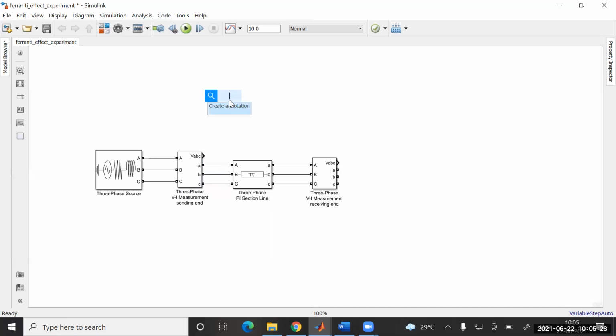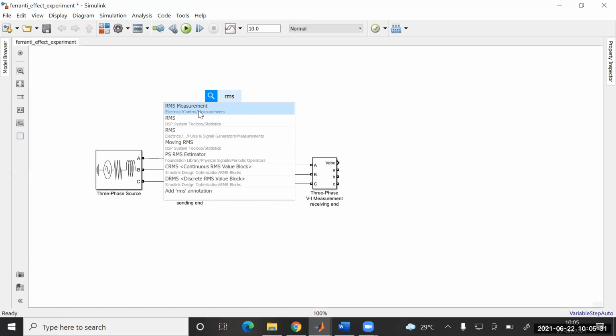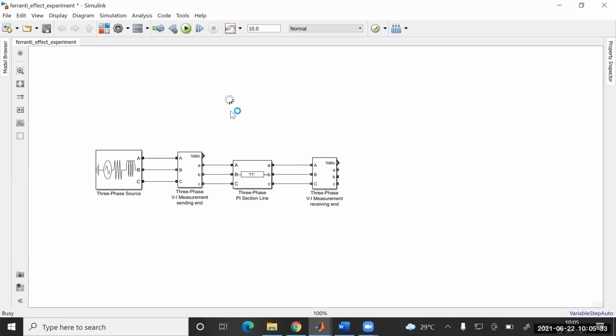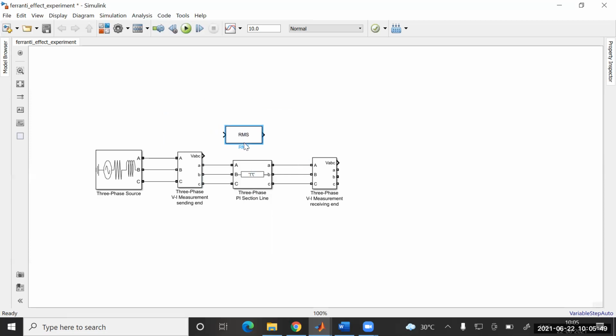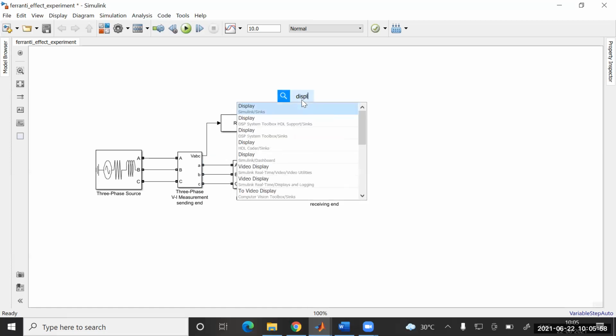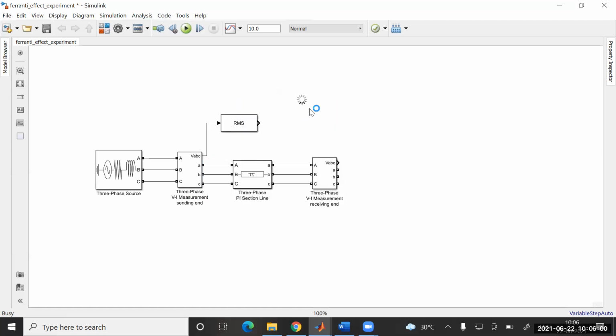Okay, so we need RMS. Okay, we need RMS. No, not this part. Yeah, this RMS, and we also need display.